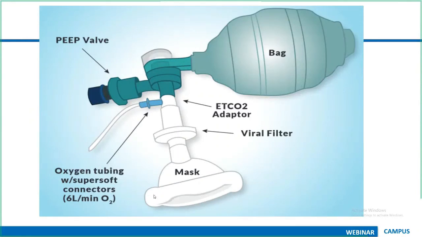Here, what you have to understand is that when you are ventilating the patient, there is an expiratory part where you are keeping a PEEP valve also. So before this expiratory part, or between the patient and the expiratory part, you have to keep a viral filter. So whatever expiratory air is coming will come after filtering through the viral filter. This is how you have to set up an ambu bag.